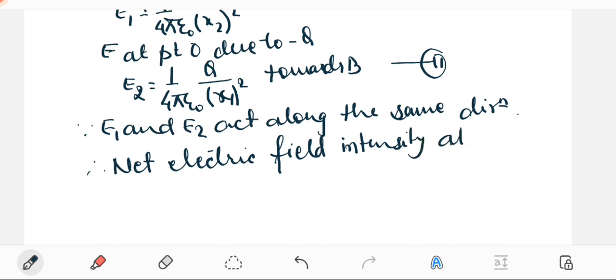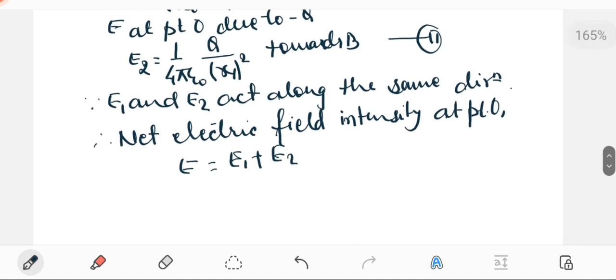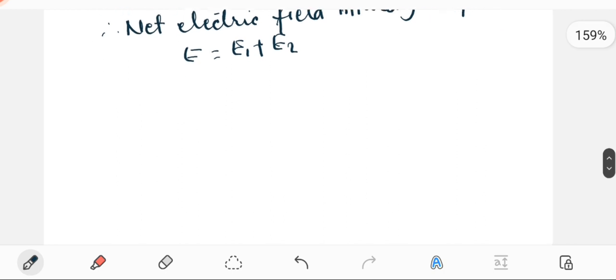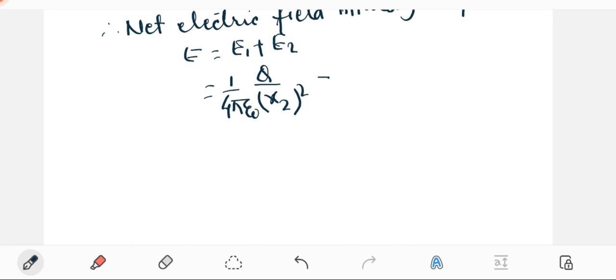at point O, that is E, will be equal to E1 plus E2, and we know the value of E1 is 1 by 4 pi epsilon naught Q upon x2 whole square, plus 1 by 4 pi epsilon naught Q upon x1 whole square.